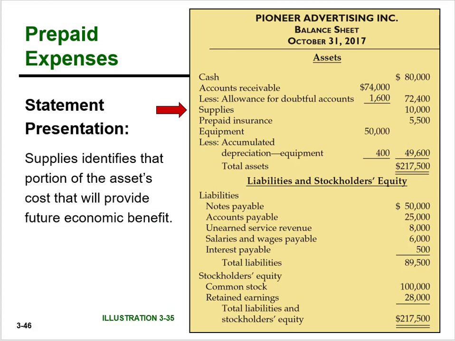So in your financial statements, once you move on past your adjusting entry, this is how it would look. In the statement presentation, supplies identifies that portion of the asset's cost that will provide future economic benefit. And that's the $10,000 that should be recognized in the asset part of the balance sheet under supplies.